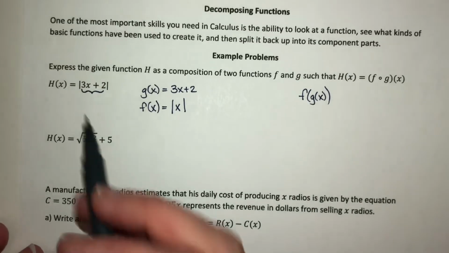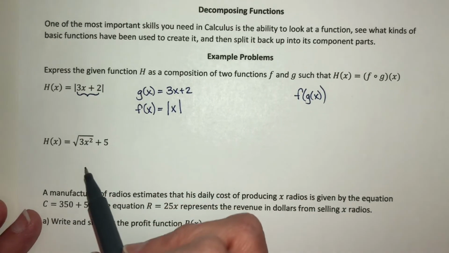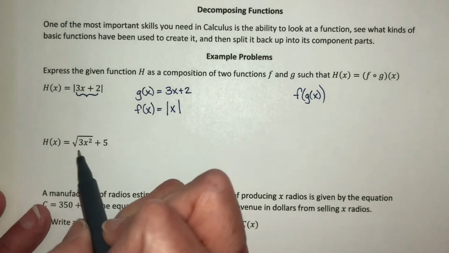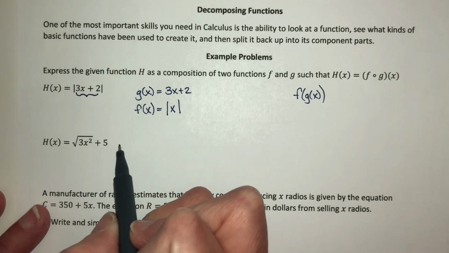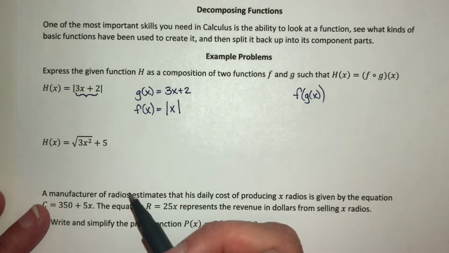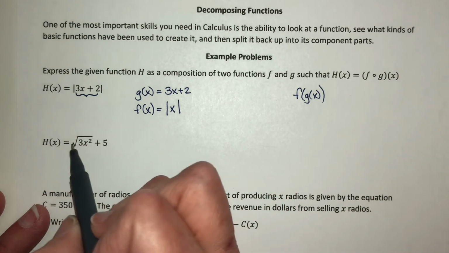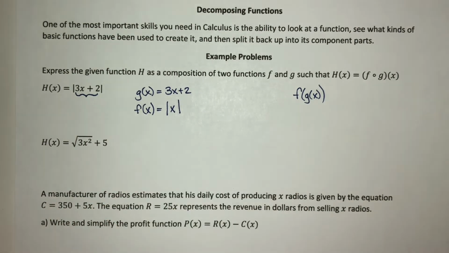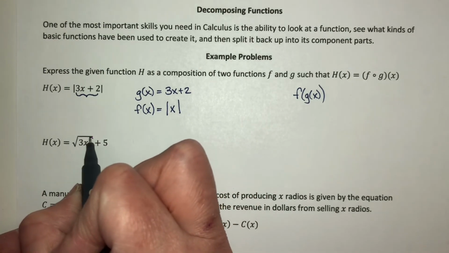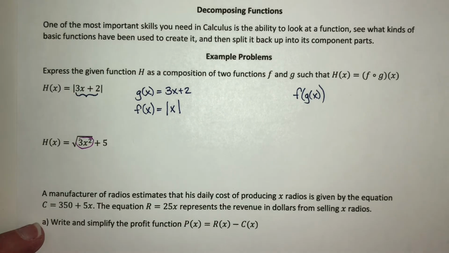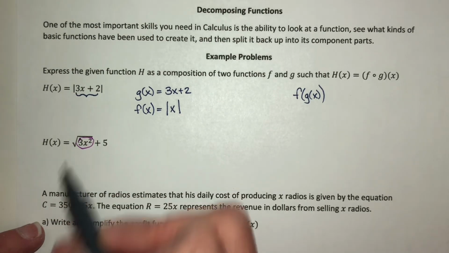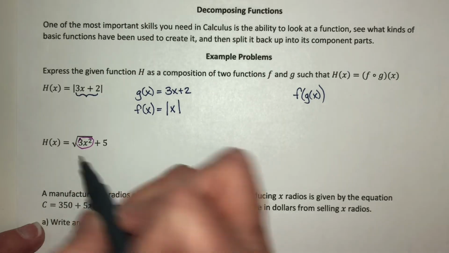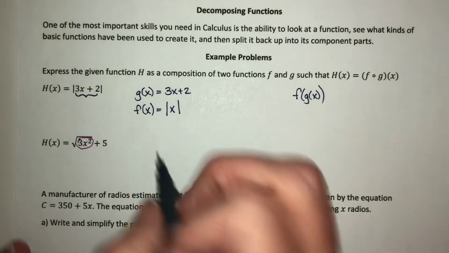Okay, let's do the same thing here. I have the square root of 3x squared plus 5. Okay, so what all do I have here? I have a square root, which is one of my basic functions, and inside the square root, I have a quadratic. So since the quadratic is inside the square root, the quadratic is going to be my g of x.